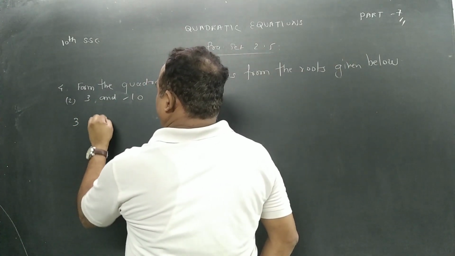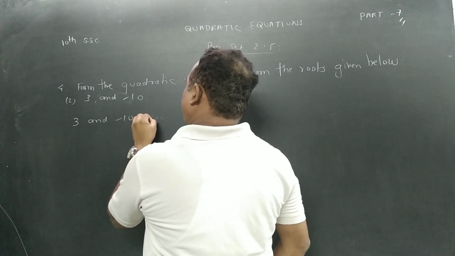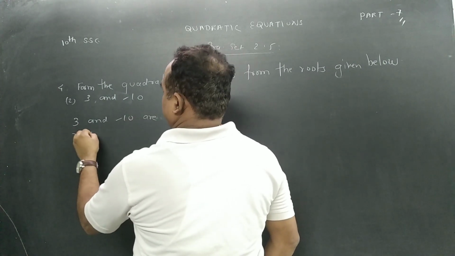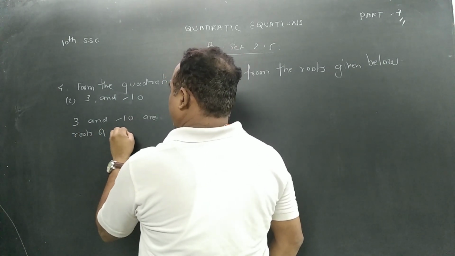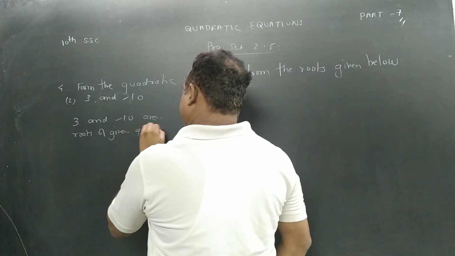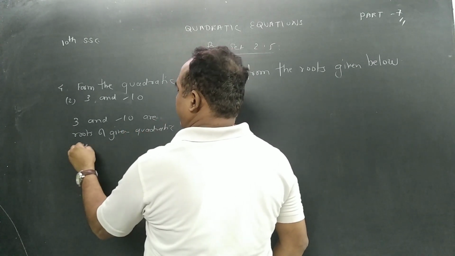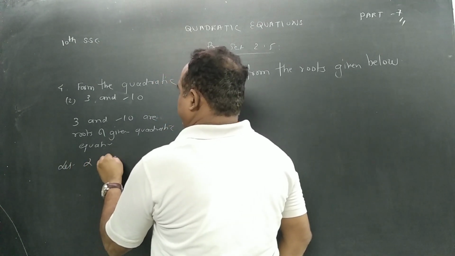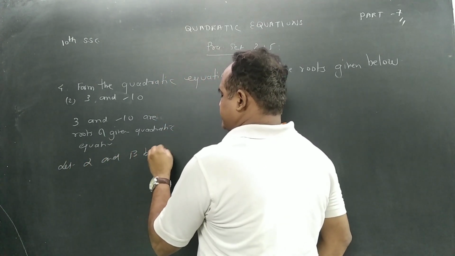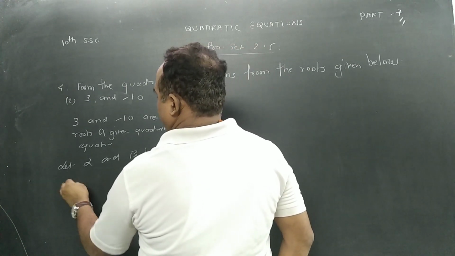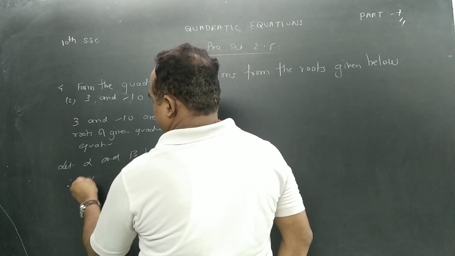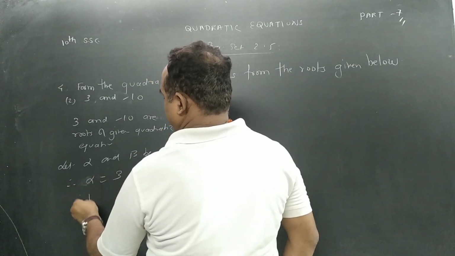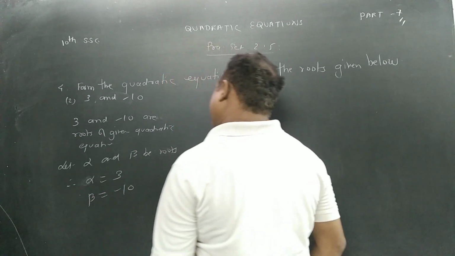3 and minus 10 are roots of the given quadratic equation. Let alpha and beta be the roots. Therefore, alpha is equal to 3, beta is equal to minus 10.